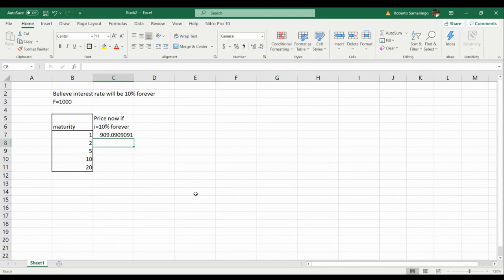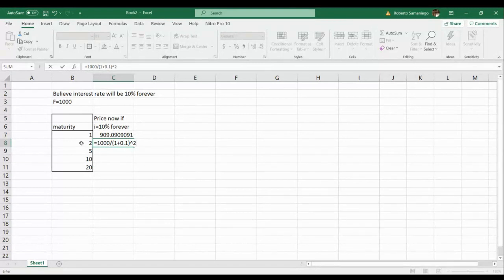What about the 2-year bond? The 2-year bond pays you 1,000 in 2 years, so we have to discount that. You're at 1 plus the interest rate, which is 0.1, but we have to put it to the power of this maturity, which in this case is 2.